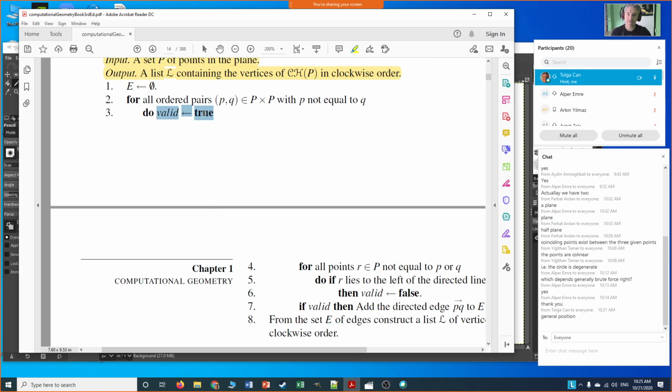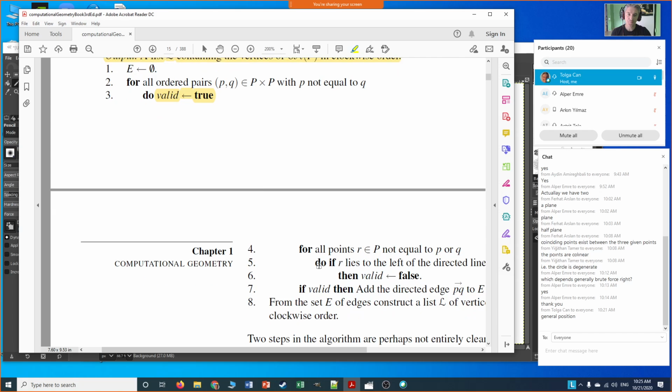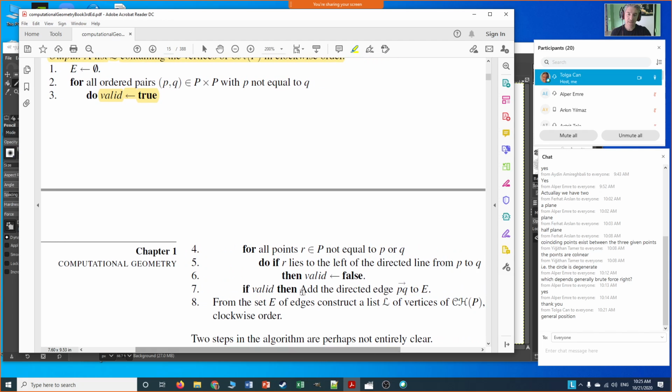We have a flag, valid, equal to true. And then we have a for loop: for all points R in P which are not equal to P or Q. So for all the remaining n minus 2 points, we check, so this for loop goes n minus 2 times. We can actually break out of this loop when we first find a point that invalidates this.